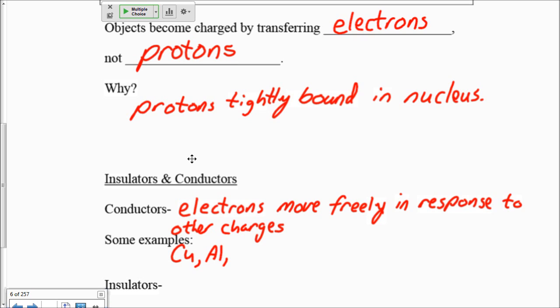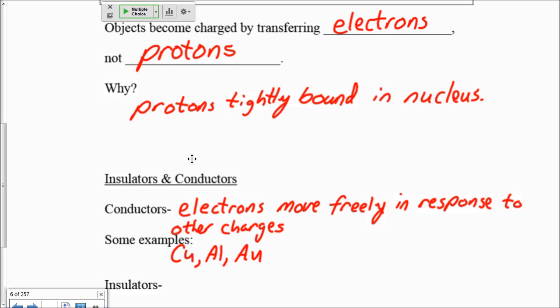Alright, so gold, what is that, AG? Yeah. So gold is an excellent conductor. In high-end stereo systems, they talk about these gold-plated terminals. Oh, is it AU? What is AG? I don't know. Sorry. Thank you.